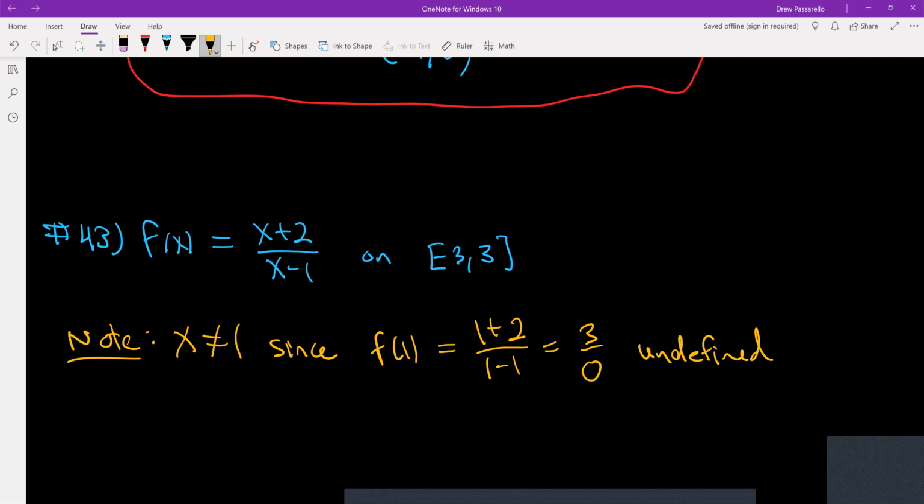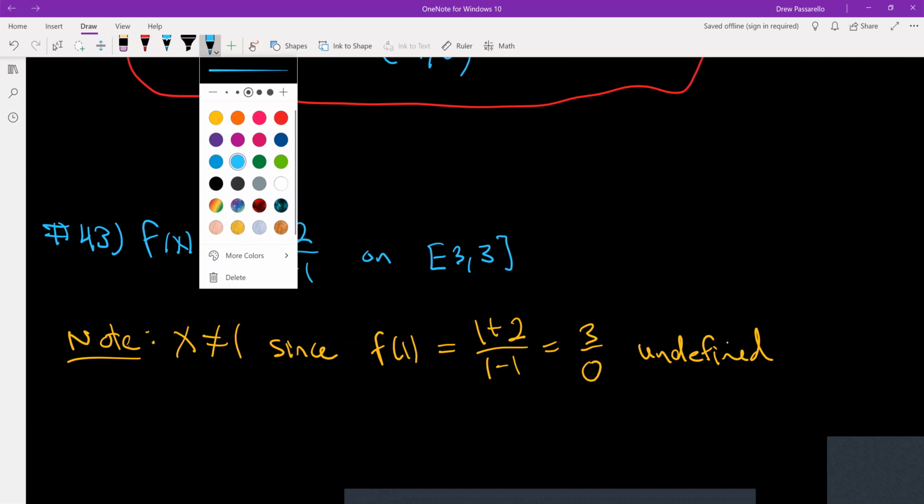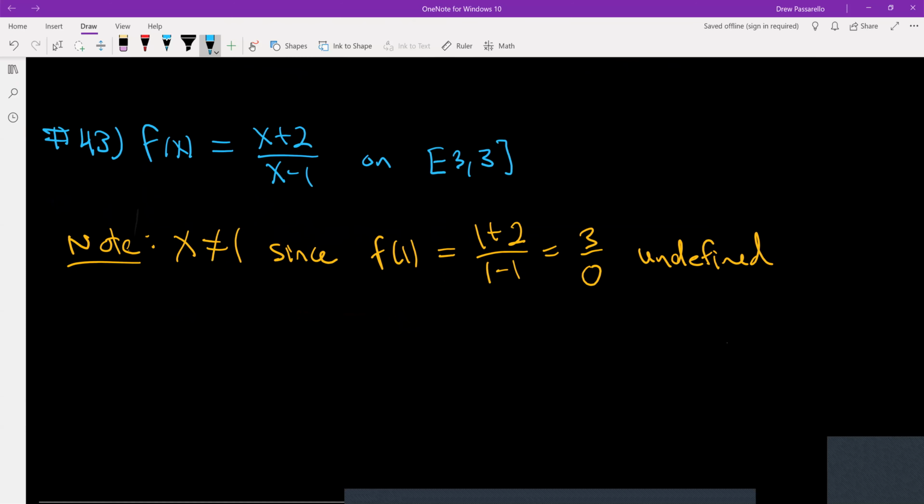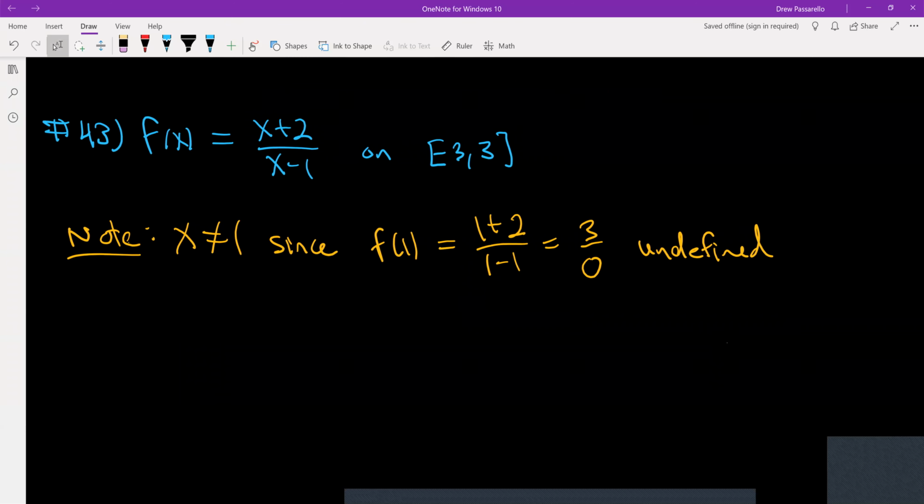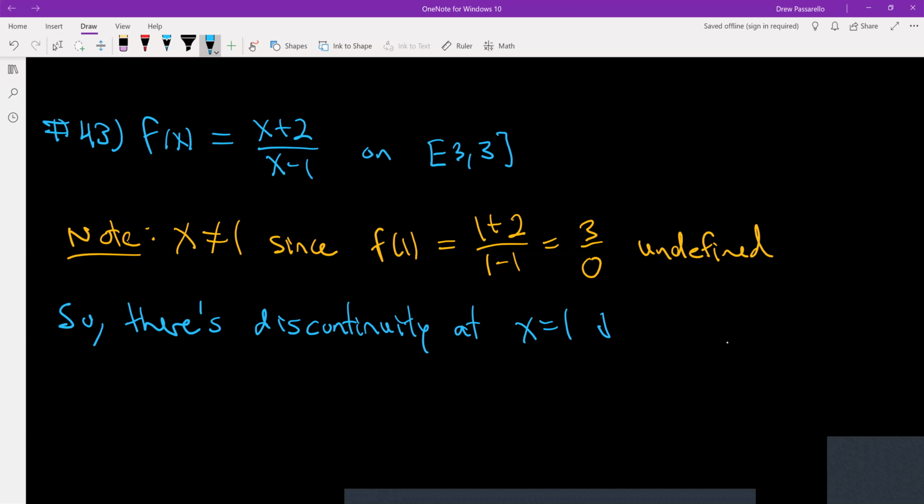So it's not continuous at 1, which means it's not continuous on the entire interval -3 to 3, which means I cannot apply mean value theorem. So there's discontinuity at x equals 1. And this is in the interval -3 to 3.